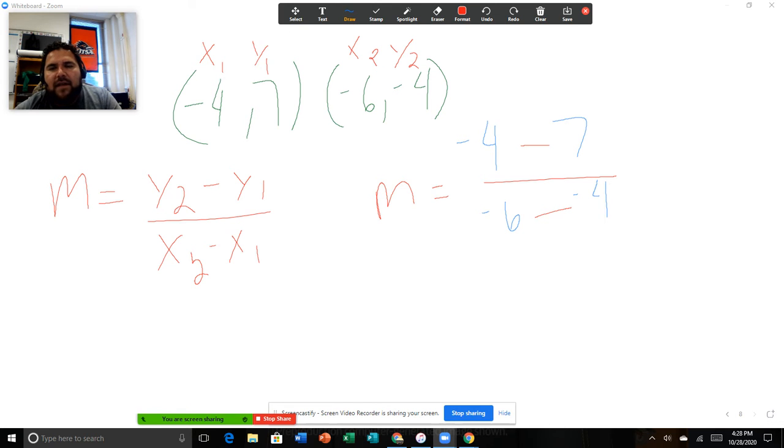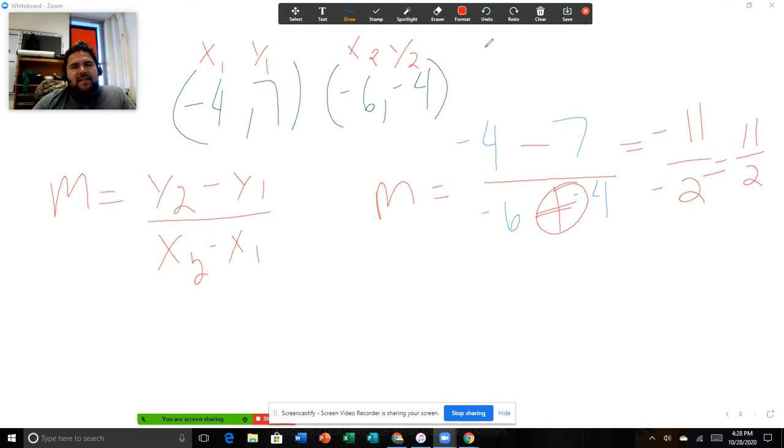So -4 minus 7 is -11. -6 minus -4, we have to do what we call a change. That's actually -6 plus 4, which gives us -2. So that's -11 over -2, or a slope of 11 over 2. Don't forget to reduce. So that's the slope formula, and that's how you want to use it.